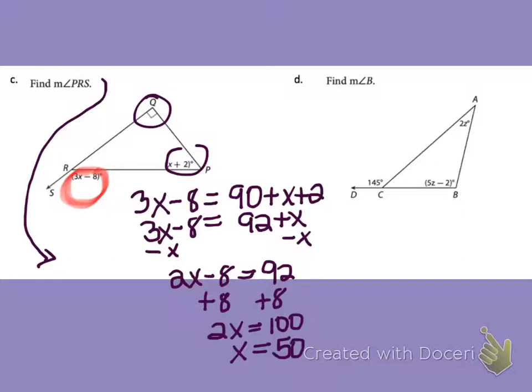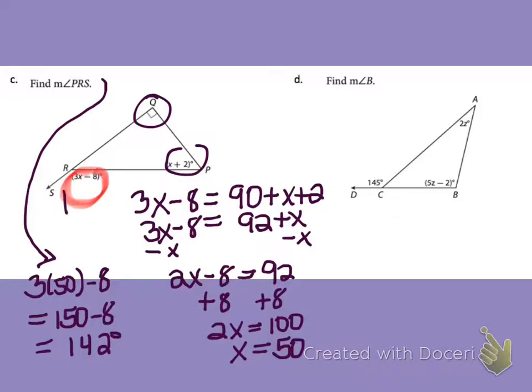So if x is 50 and they wanted me to find this angle, this angle would be 3 times 50 minus 8. That's 150 minus 8, or 142 degrees. Now if I knew that angle was 142 degrees, I could find all the other angles as well.